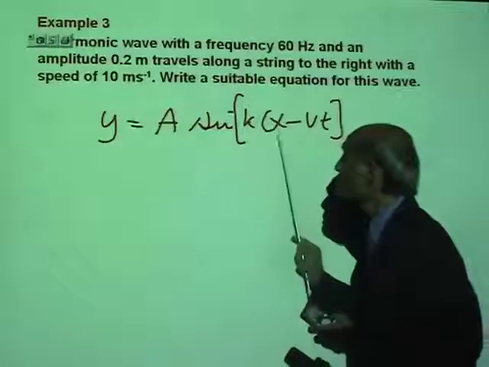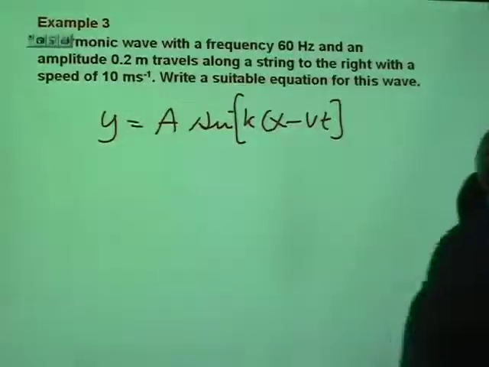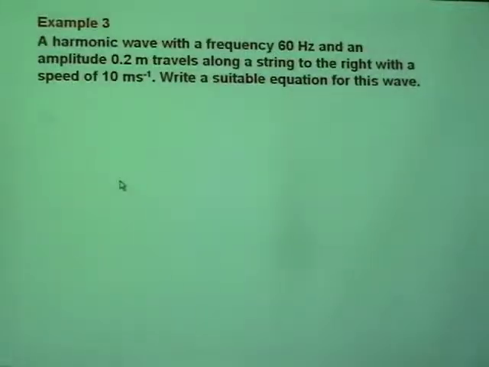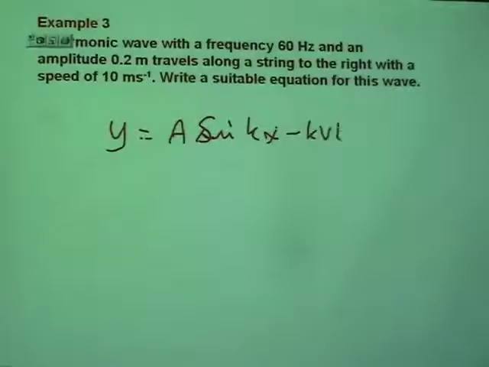If you distribute this k, just distribute that k. Distributing the k, you get y equal to A sine kx minus kvt. And what does kv equal to?